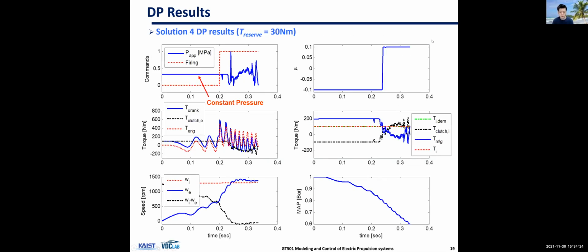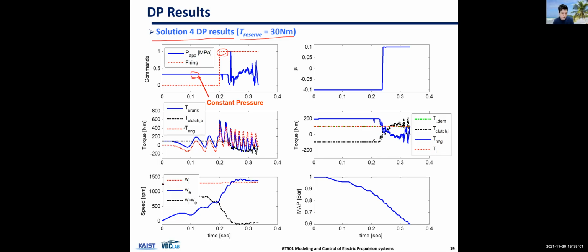So you're looking at more detailed plot results of solution 4 with torque reserve, some torque reserve. So this is the slowest and quite conservative approach. And you're looking at the results. So you're looking at clutch pressure, firing command.